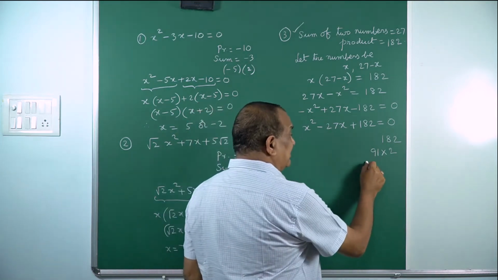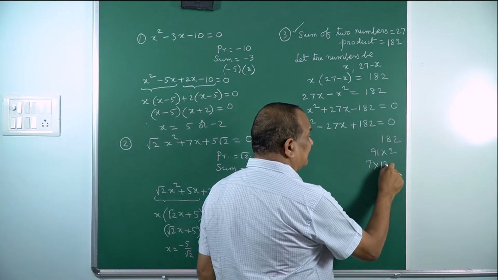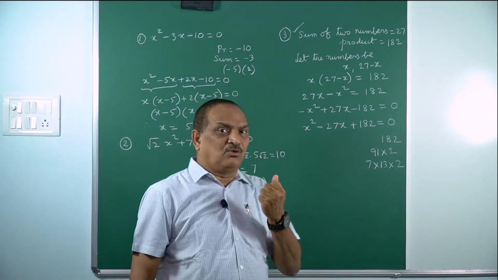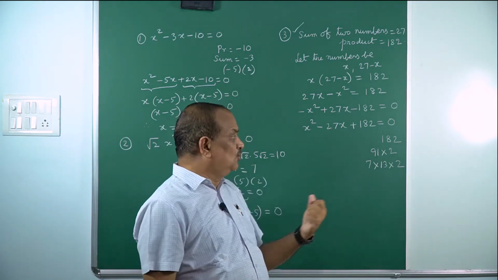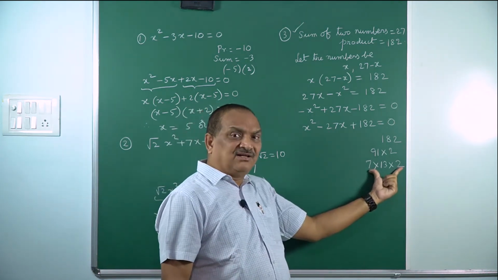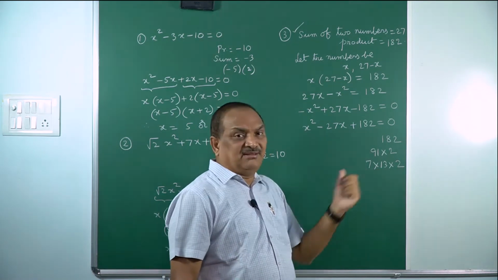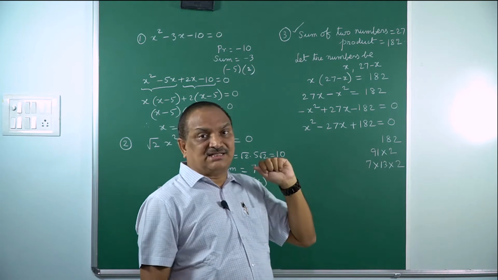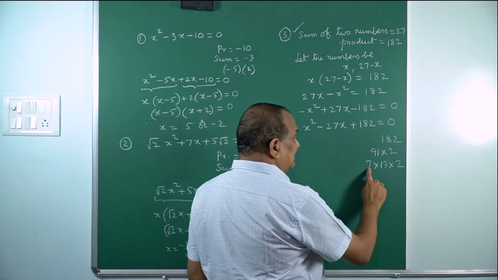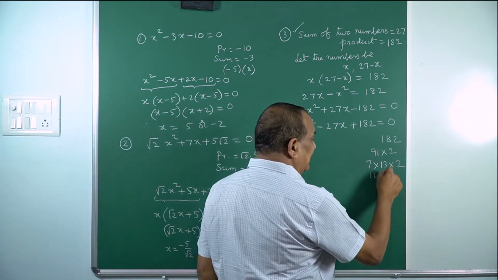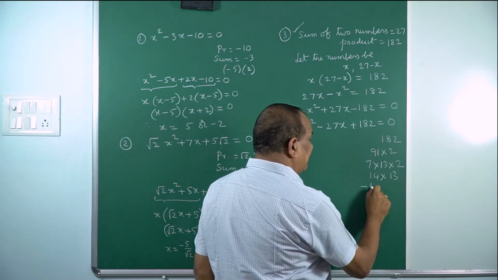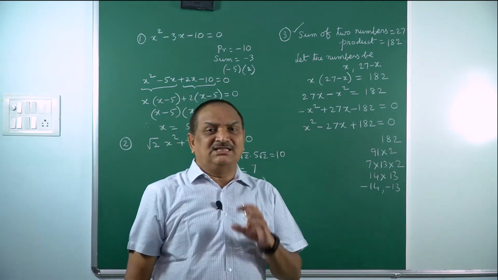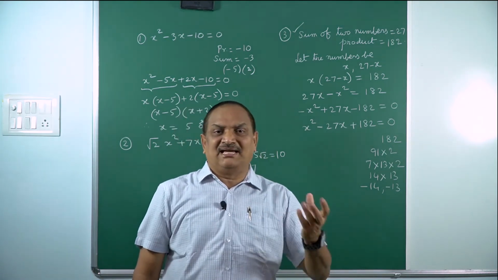So this is 7 times 13 and 2. So I have some clue I got now. What is that clue? I can take 14 as one of them and 13 as another. 14 and 13 can add and make this minus 27. So 7 times 2, 14. And there is a 13 here. I take minus 14 and minus 13, and this is going to help me.